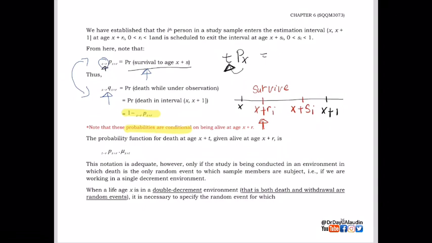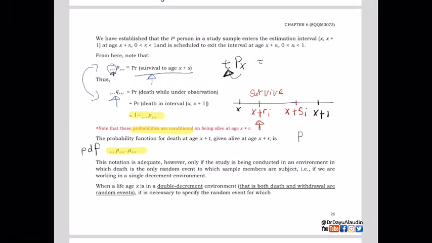Remember the PDF, this is tpx mu x plus t. Still remember in actuarial math 1. So the PDF is the small tf, tpx times mu x plus t.